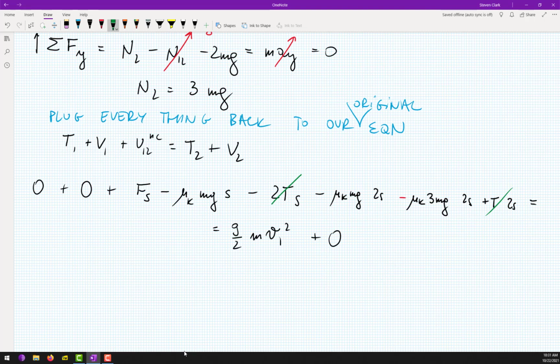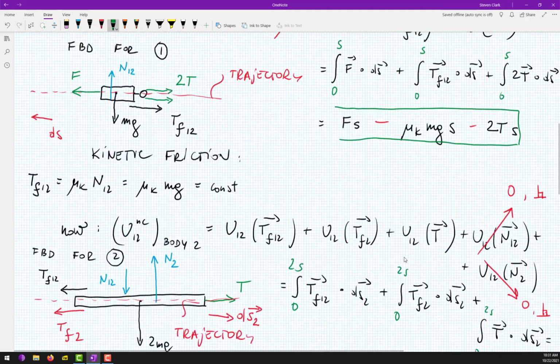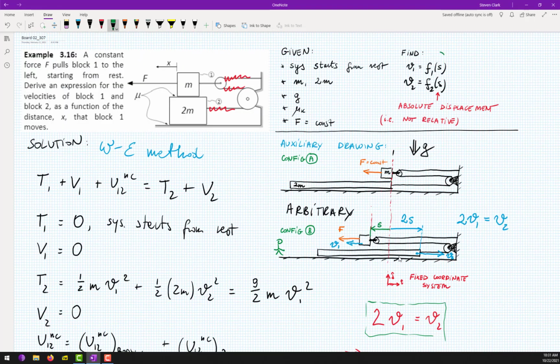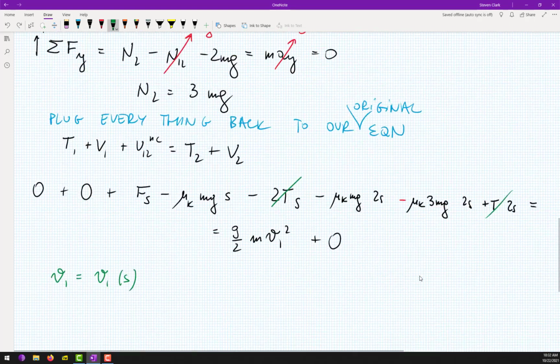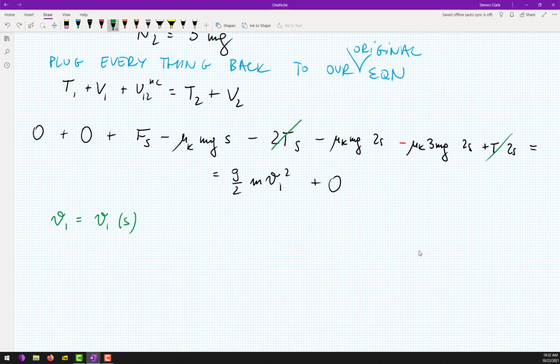So I think that they ask us to express V1 as a function of position. Yes. If I scroll up the board, this is exactly what they ask us to do. And I think that this equation will help us to do that, okay? So just express this guy in terms of this guy, okay?